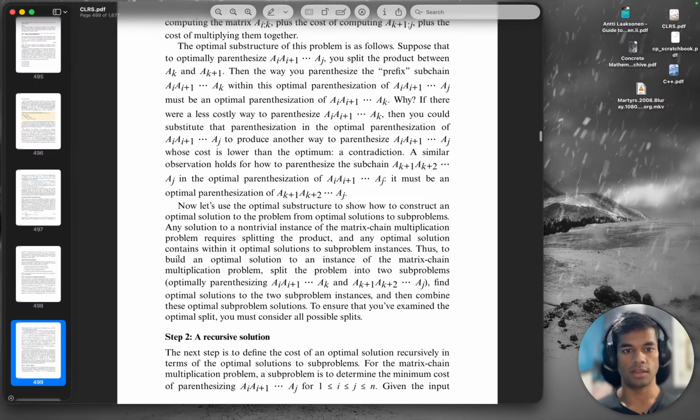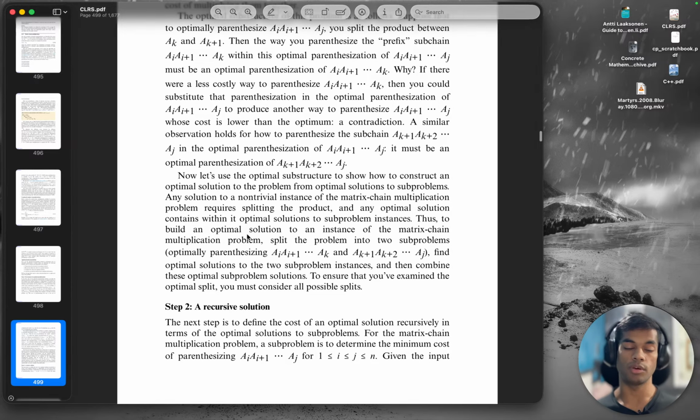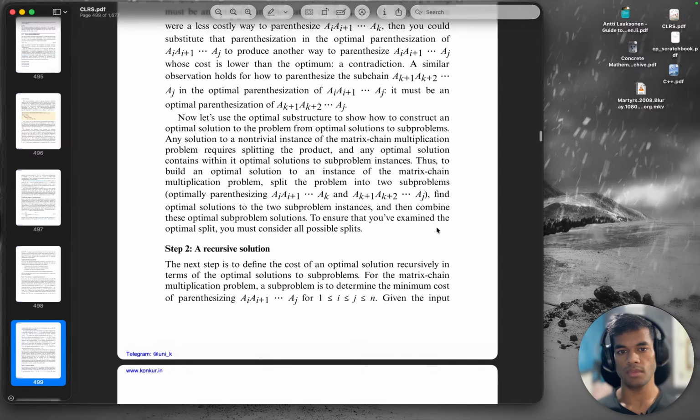Thus, to build an optimal solution to an instance of the matrix chain multiplication, split the problem into two subproblems, ai till ak and ak plus 1 till aj, where k will range from i till j minus 1.